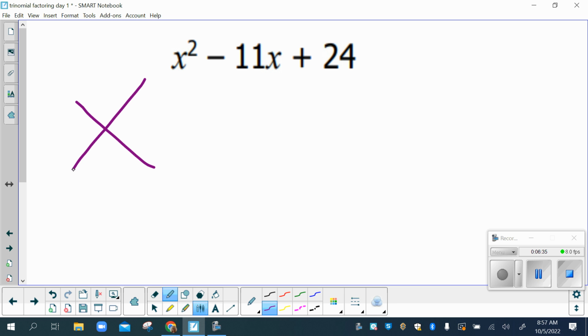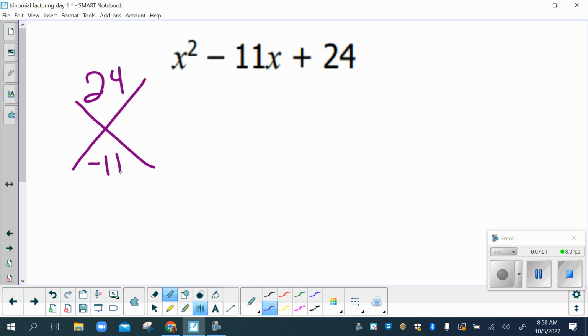Okay, factors of 24 that add to be, careful here, negative 11. So here's what's going to have to happen. I'm going to need two numbers that make 11 by adding, but they're both going to be negative, right? Because if I multiply them, they've got to make a positive 24, but if I add them, they've got to make a negative 11.